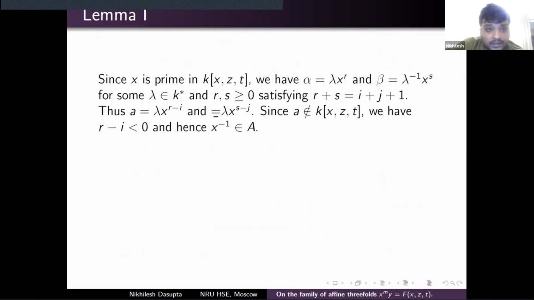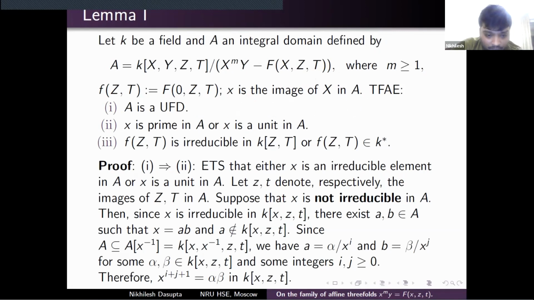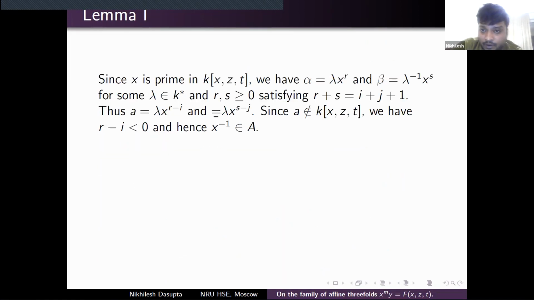Now, X is prime in K[X]. And what I have obtained, alpha beta, is a power of X, a power of a prime. So individually alpha and beta have to be powers of X in K[X]. So alpha is some lambda X to the power r and beta is some lambda inverse X to the power s, satisfying r plus s to be i plus j plus 1.